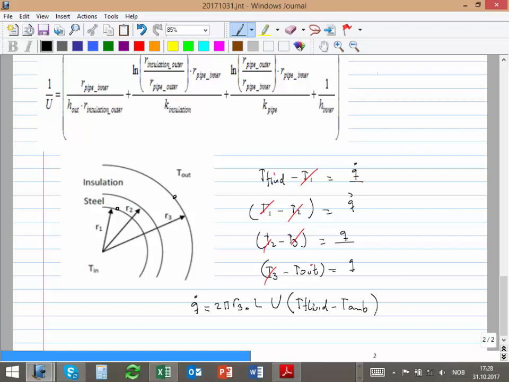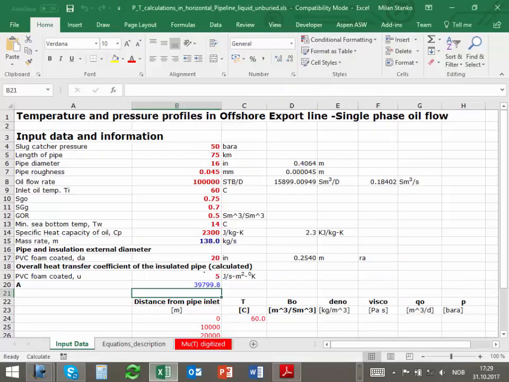That's how you have the outer area times the delta T times this overall heat transfer coefficient, and I have already provided the heat transfer coefficient here, it's 5.